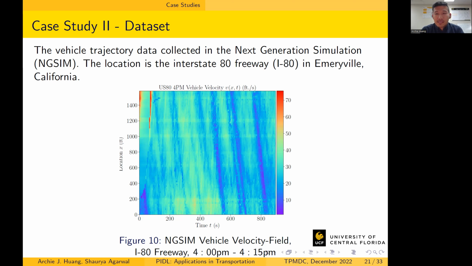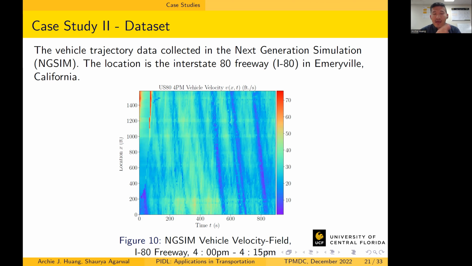The road segment is located in California, and the time period when this data set was collected is during the afternoon rush hour, when people are leaving the offices at around 4 p.m. to 4:15 p.m. What you see here, those slightly tilted but roughly vertical blue lines, are the shock waves in this data, and that indicates the congestion situations present on the road.